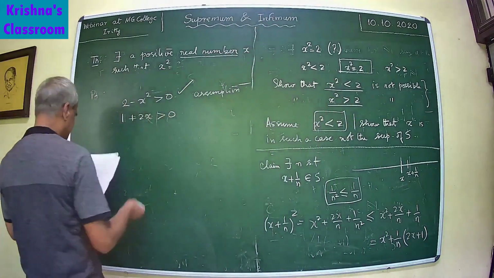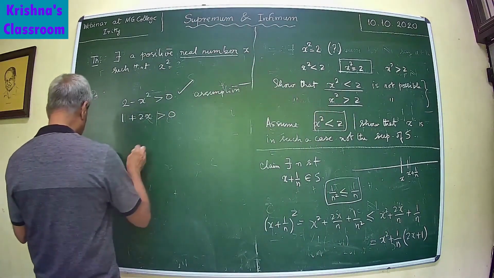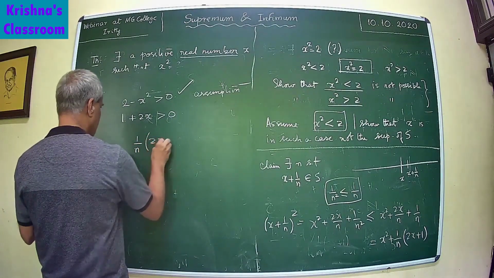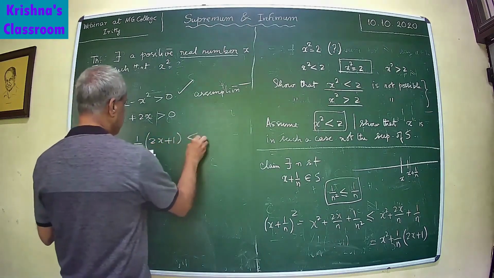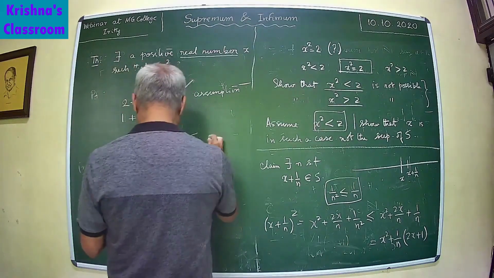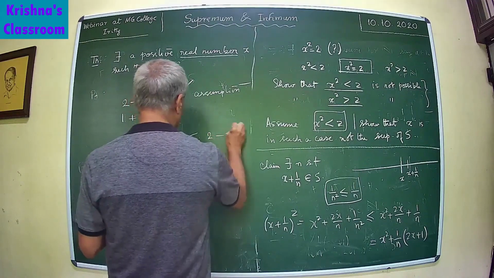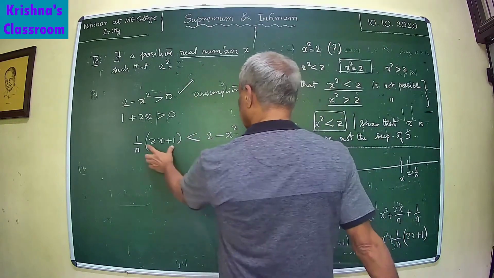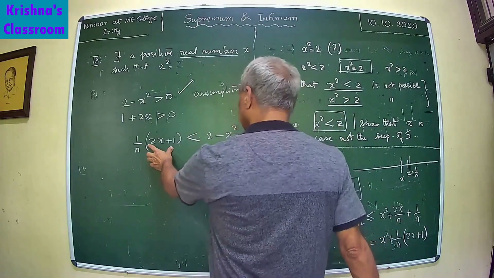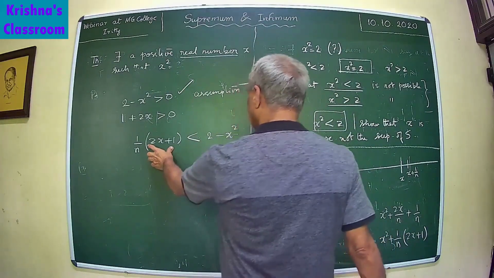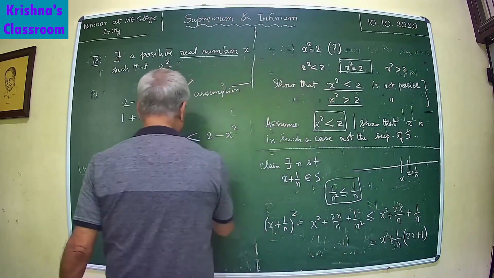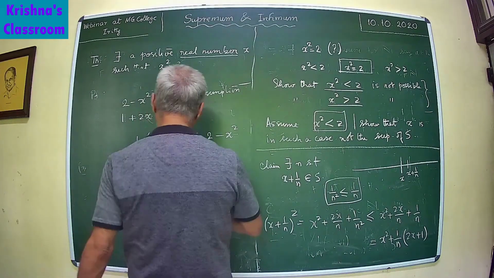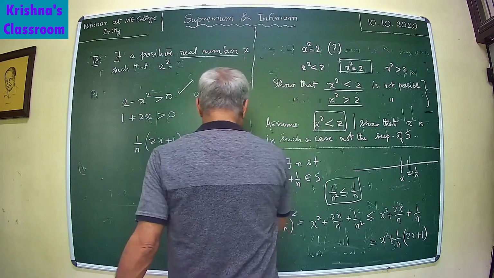Therefore, we can choose 1 by n such that it is less than 2 minus x square. We are using one of the theorems. This is a positive number, this is a positive number, therefore what you have is n into 2 minus x square is greater than 2x plus 1.